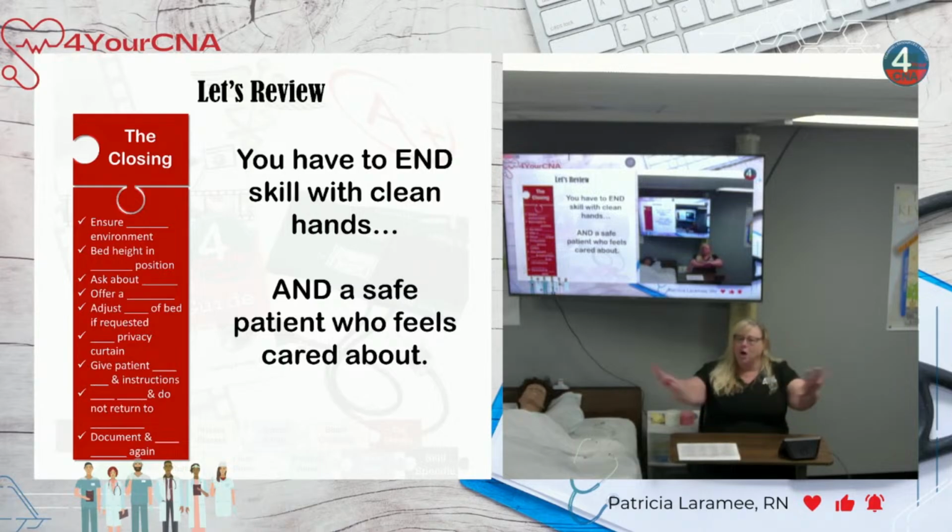Now, after I've done all of that, I have to go wash my hands because I need to leave the patient's cooties behind to go to another patient. So I'm going to go wash my hands. If I have to document, I'll do that after I wash my hands, and then I'll wash my hands again. Because when we leave this patient, we have to do it with clean hands.